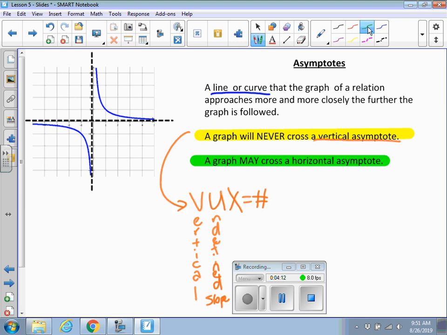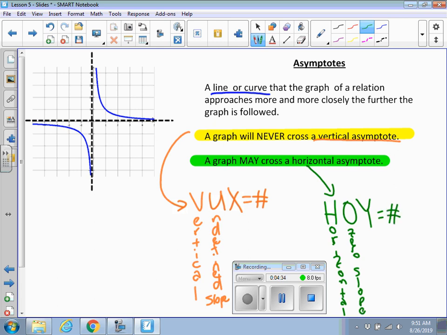A horizontal asymptote, we think of HOY. HOY VUX is the whole saying, but we did them in reverse order. HOY: horizontal, it's a horizontal line. It's going to have a 0 slope. That's what we think of the O as. And it's going to be in the form of y equals a number.